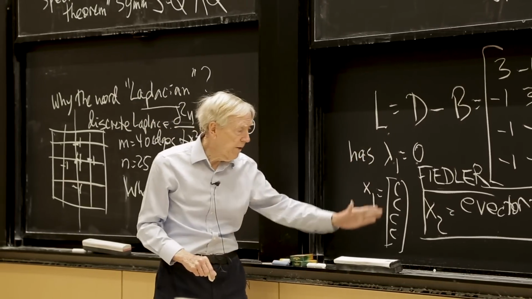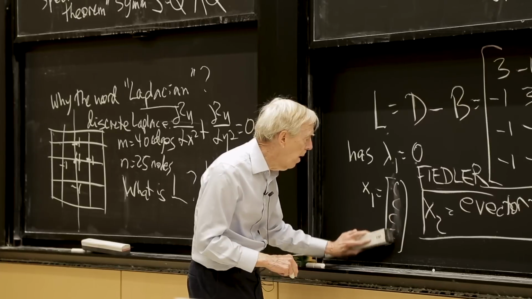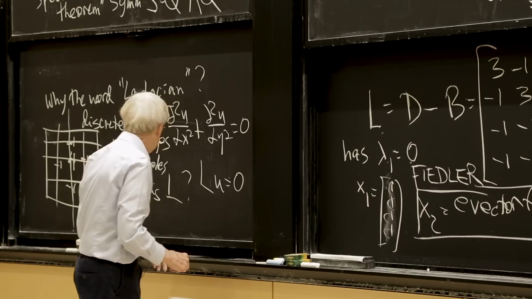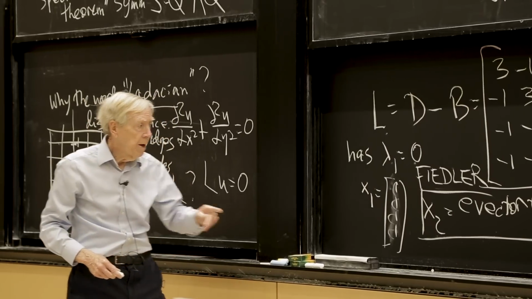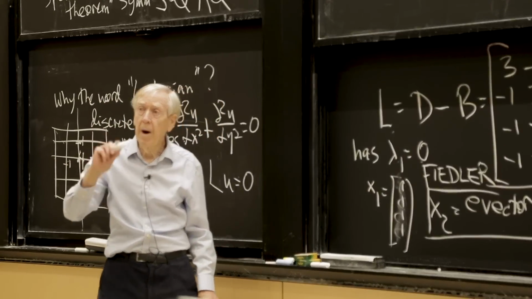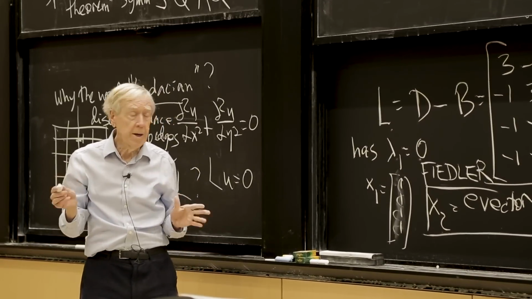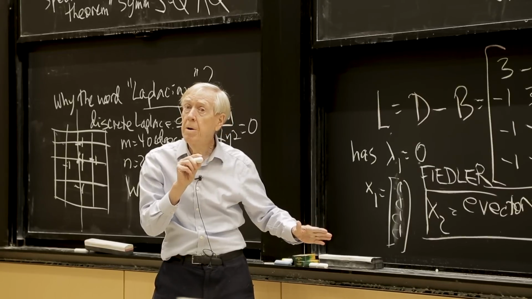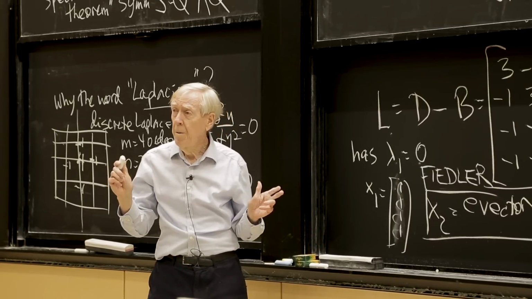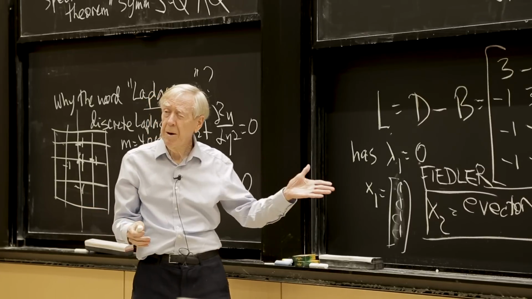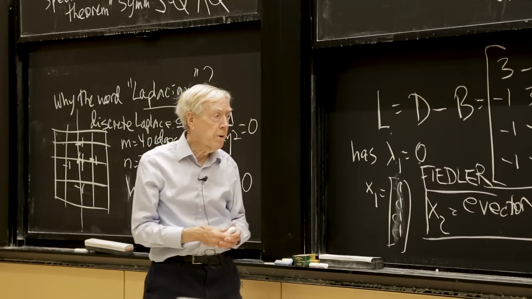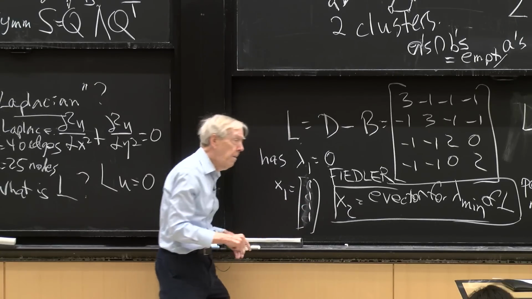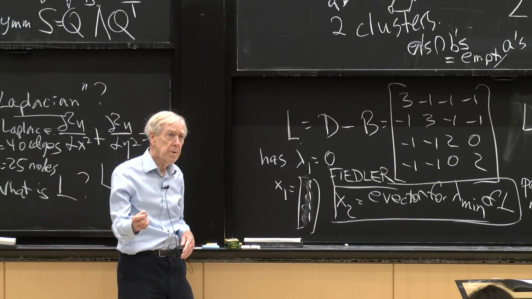So here was an eigenvector, all ones. Let me just make it all ones: 1, 1, 1, 1. In that picture, it's 25 ones. Here's the next eigenvector up. And what's the relation between those two eigenvectors of L? They are orthogonal. These are eigenvectors of a symmetric matrix, so they're orthogonal. To be orthogonal to this guy means that your components add to 0, right?